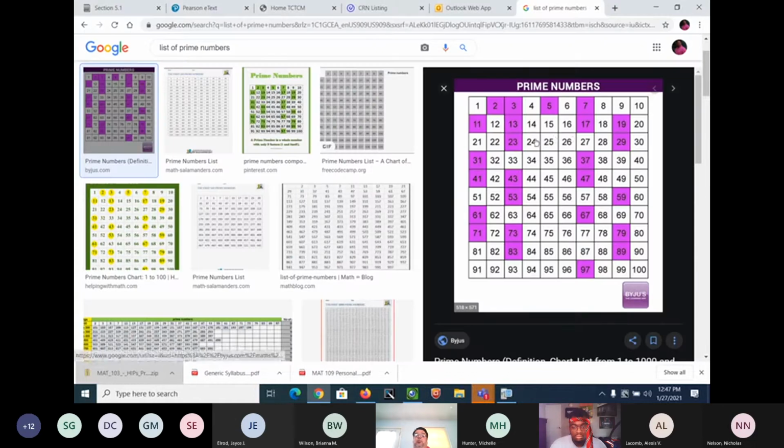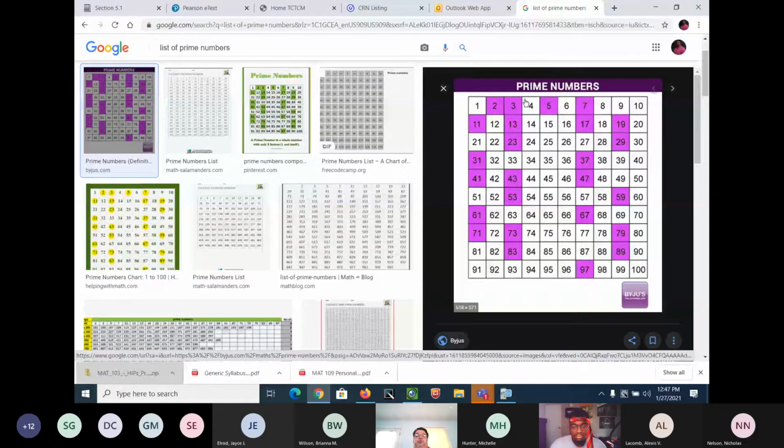Now 1 is supposed to be a prime number, but there's some teachers and some math books that do not include 1, and some teachers and some math books do not include 2. But as you can tell, I include both of them, 1 and 2. And a lot of people say, well, Hubert, why don't you just say they're the even numbers? Because 2's not even.